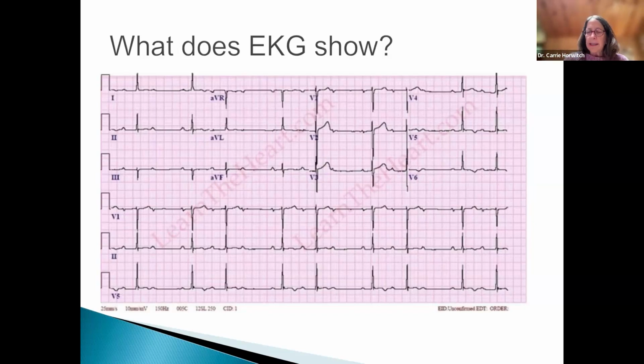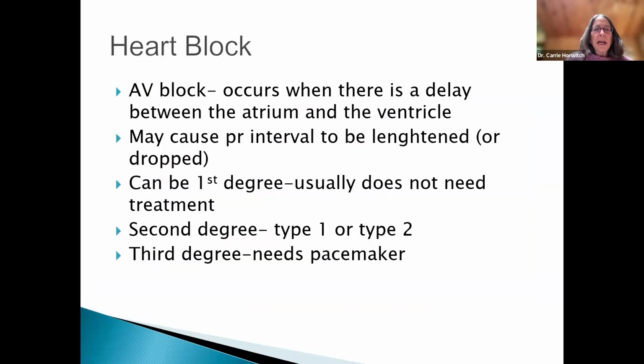So let's go to the next slide. This is some kind of heart block, typically AV nodal heart block. That's where there is a delay in the stimulus getting from the atrium to the ventricle. You may get prolongation of the PR. If there's only that, that's usually first degree heart block.